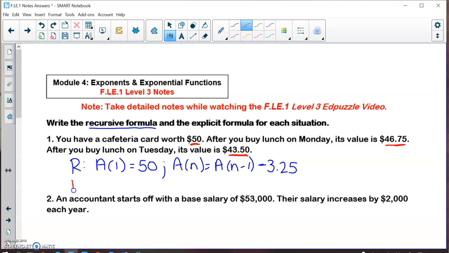If we're writing the explicit formula for this one, it would be A of n is equal to 50 minus 3.25 times n minus 1.